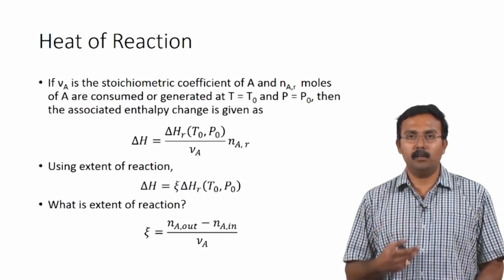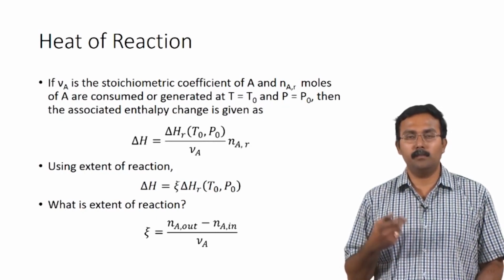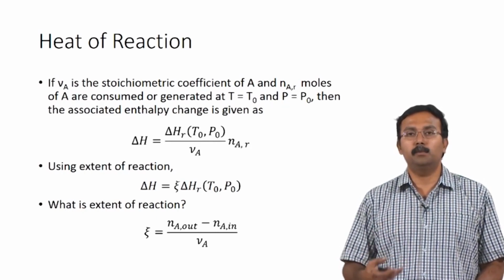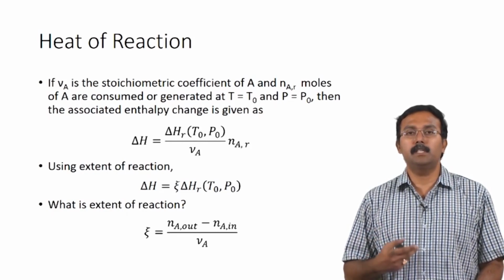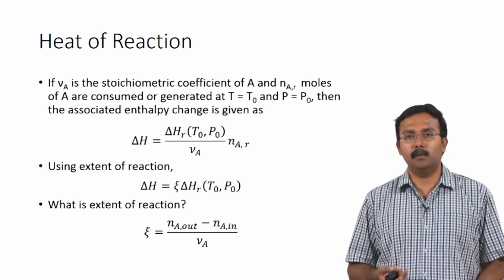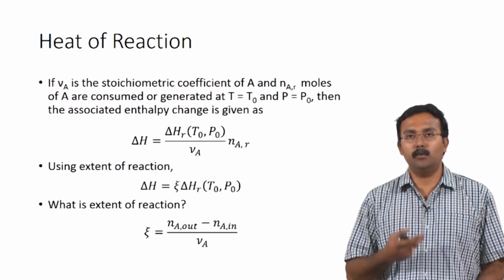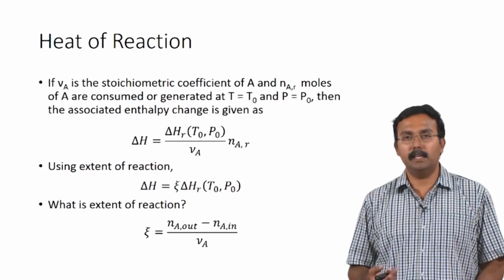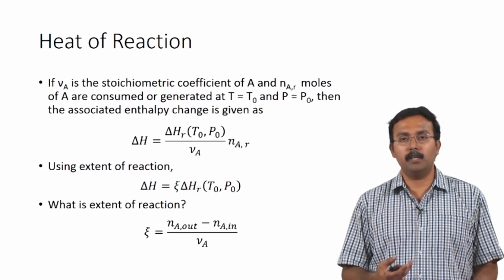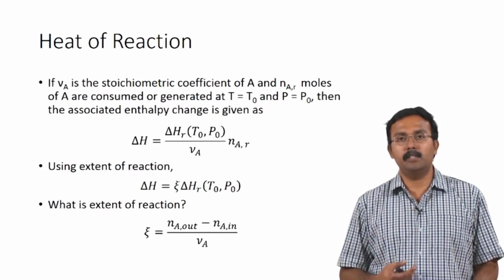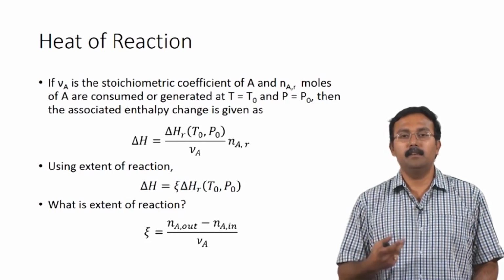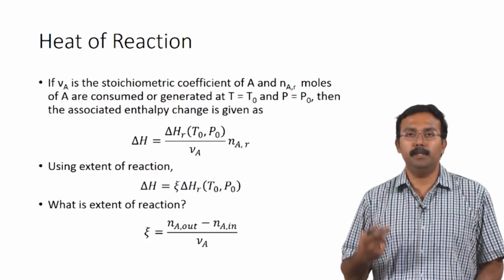Since the stoichiometric coefficient for the reactant would also be taken as negative, you would end up with an extent of reaction which is positive. For products it would be the other way: the number of moles in the outlet would be higher than in the inlet, which means the numerator would be positive and the stoichiometric coefficient would also be positive, giving you an extent of reaction which would be positive.